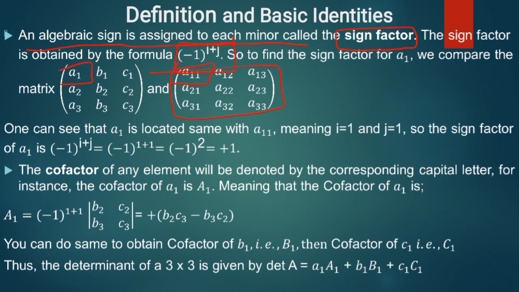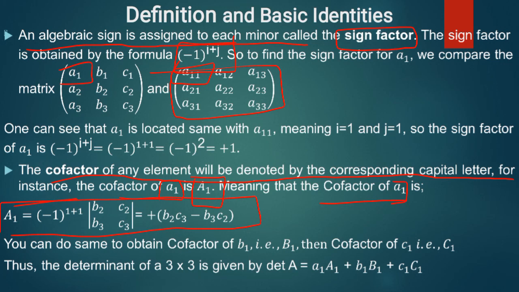Okay, so the next thing is the cofactor of any element will be denoted by the corresponding capital letter. For instance, the cofactor of small letter a1 is labeled capital A1. Meaning, whenever I ask you to find the cofactor of A1, I simply want you to find this thing here. How did I get that?